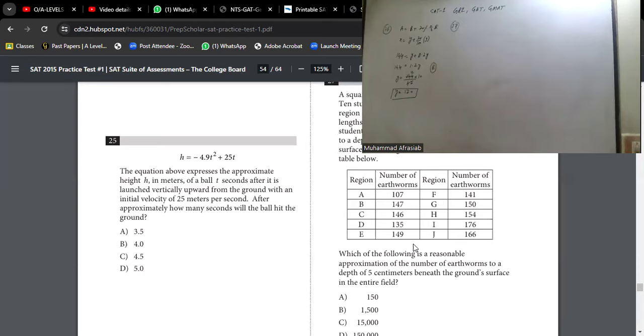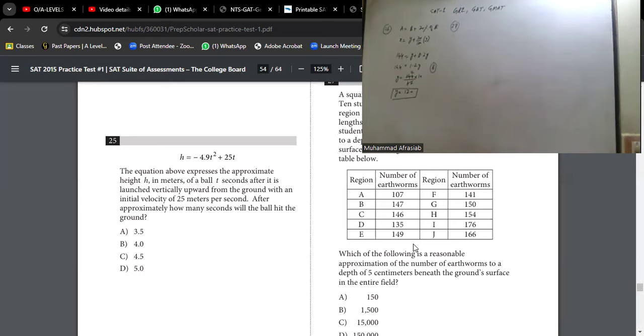Each region is a square with side length of 1 meter, and no two regions overlap. The students count the earthworms contained in the soil to the depth of 5 centimeters beneath the ground surface in the region. The result is shown there.